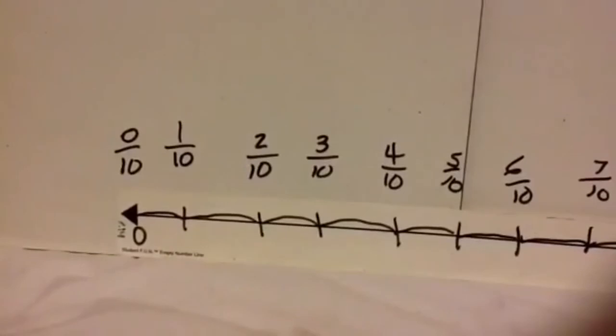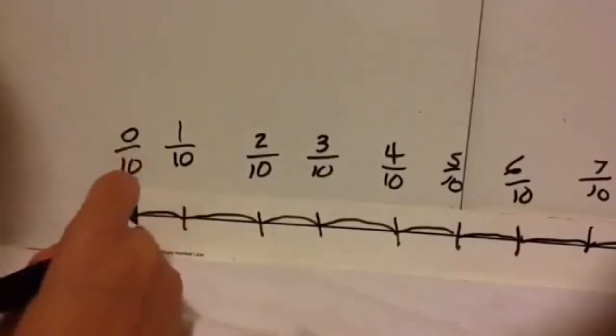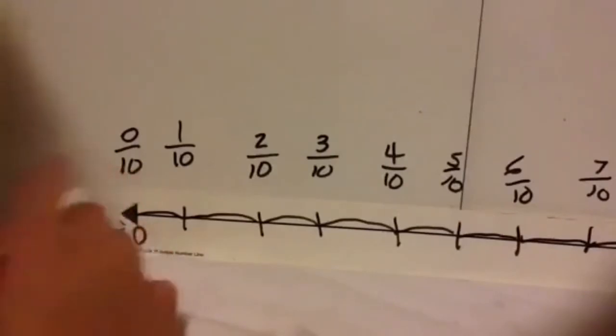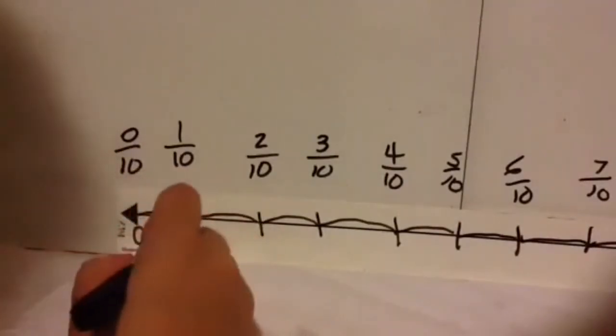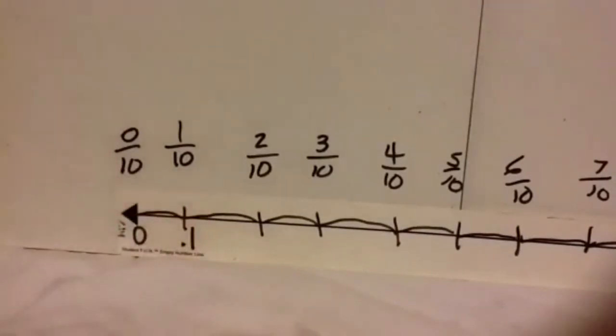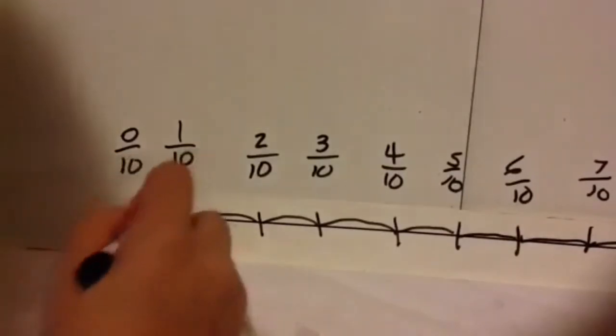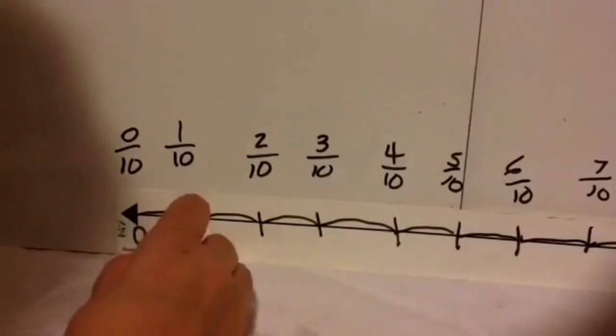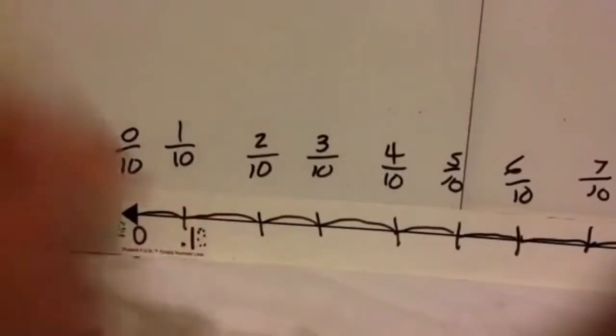But with number lines, there are also decimals. So if this is 0, this is like $0, 0 cents. Then if you have 10 pieces cut into tenths, I'm going to write 0.1 as that first spot. Just imagine a 0 right there. So think 10 cents.